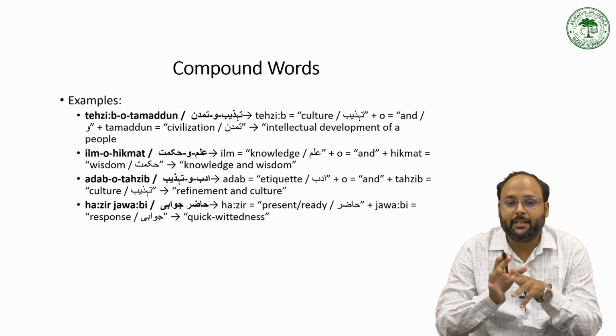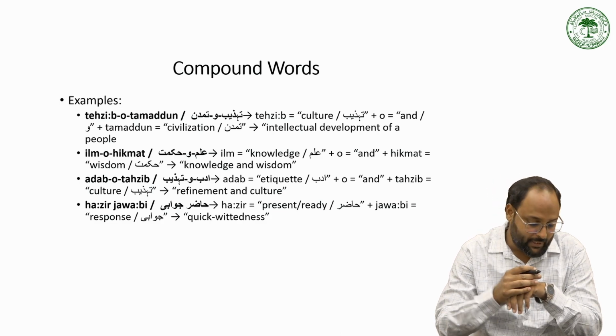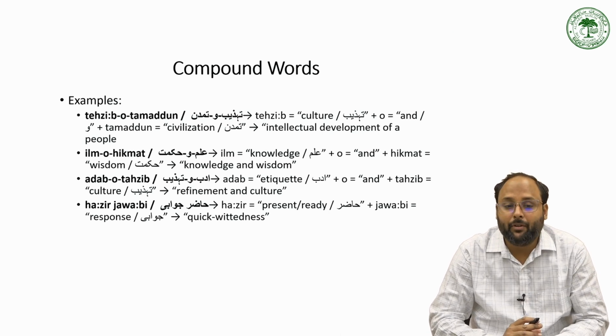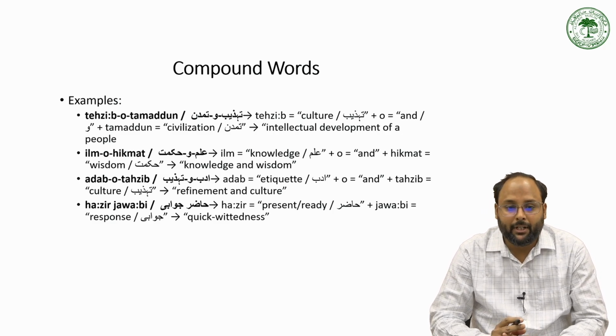Here we have examples from Urdu with the O marker: Tehzeebo Tamaddun, Ilmu Hikmat, Adabo Tehzeeb, and Hazir Jawabi. So these are compound words. In Tehzeebo Tamaddun we have the O connector, but in Hazir Jawabi we do not have the O connector. So it is also a compound word.